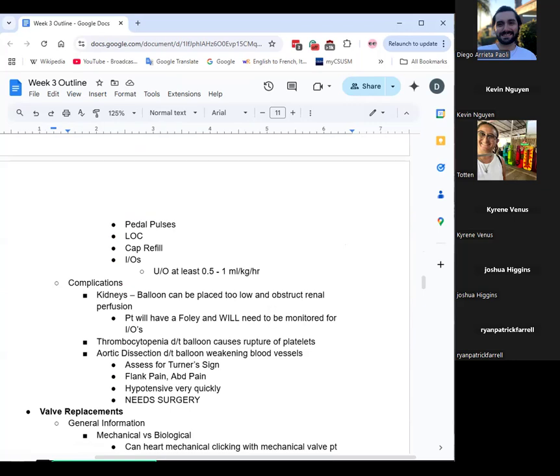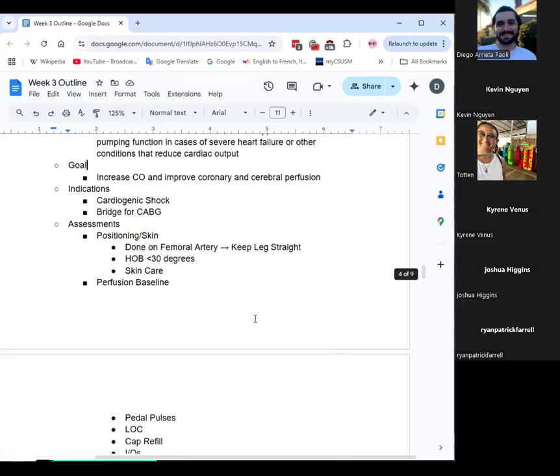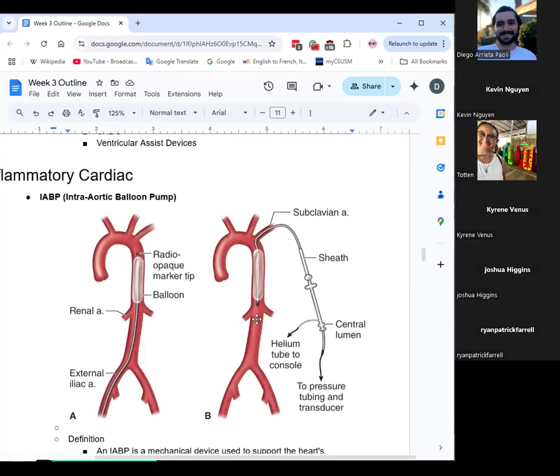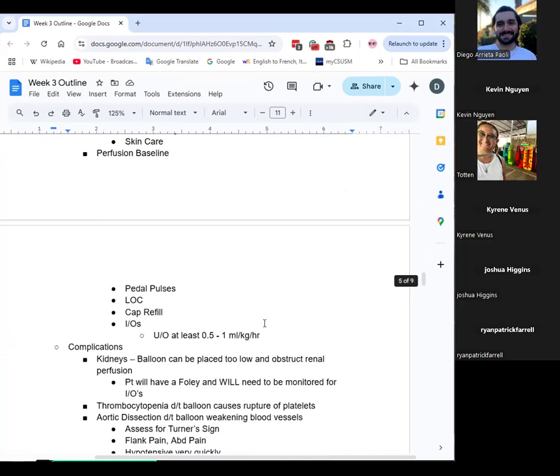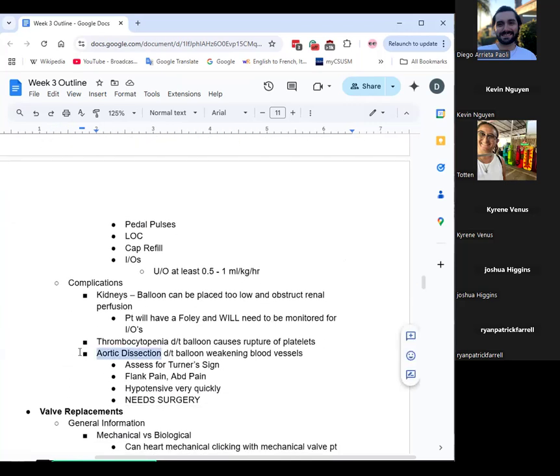Let's see, anything else. We talked about the perfusion, position of the skin, the kidneys. You definitely don't need to know exactly how the balloon pumping helps. Just know that it helps, and that's all you need to know. So don't focus on that. All right. Any questions on IABP? This is going to be key.